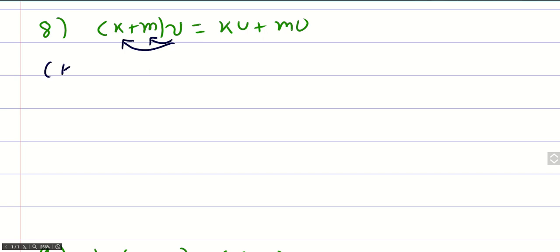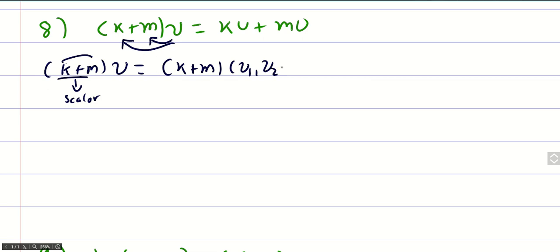So k plus m in this case acts as one scalar, and u is the vector, so we know the rule for scalar multiplication with a vector, and we know that this is k plus m times the vector (u1, u2), and this is equal to ((k plus m) u1, 0), based on the definition of how scalar multiplication is defined.